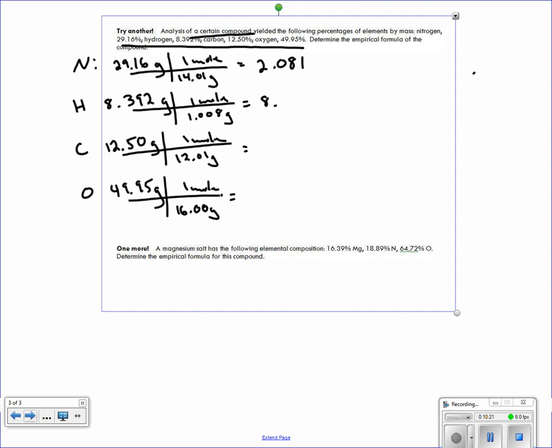Here we have 8.325, 12.50 divided by 12.01 gives us 1.041. And then lastly, 49.95 divided by 16 gives us 3.12.